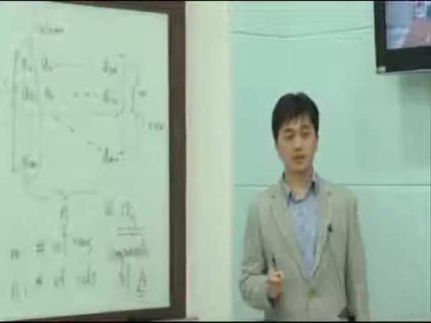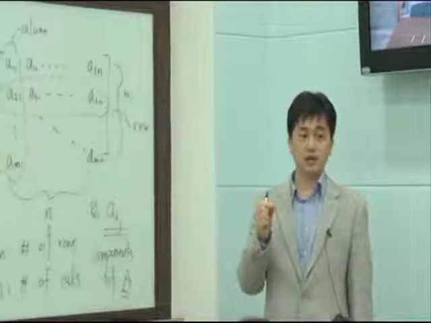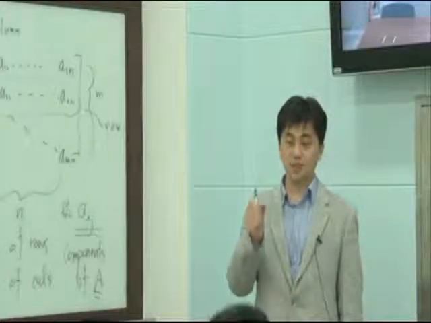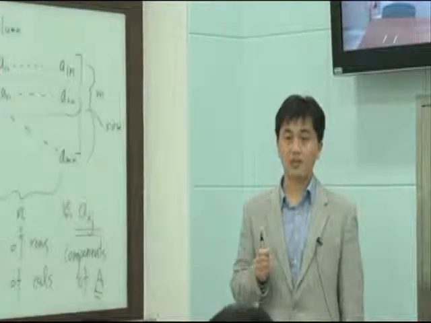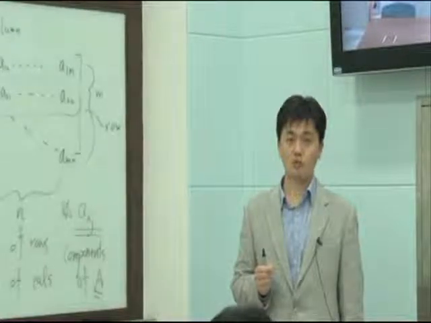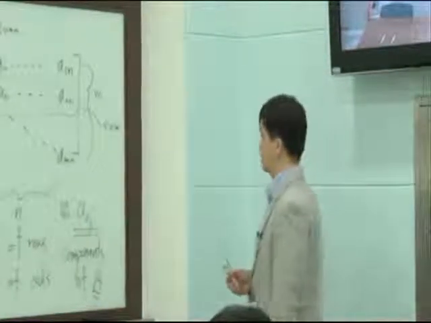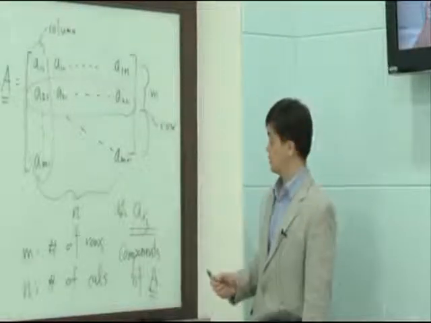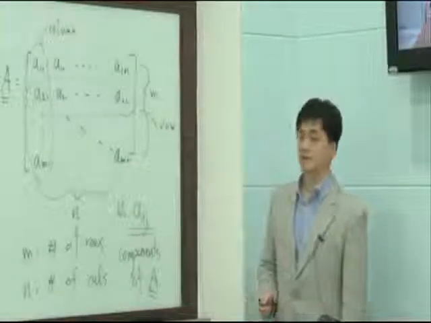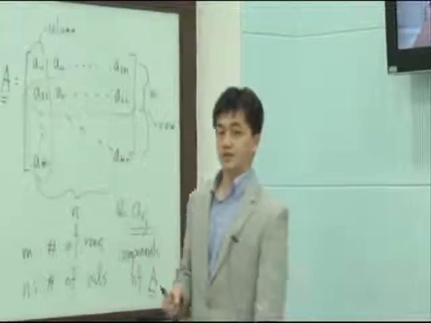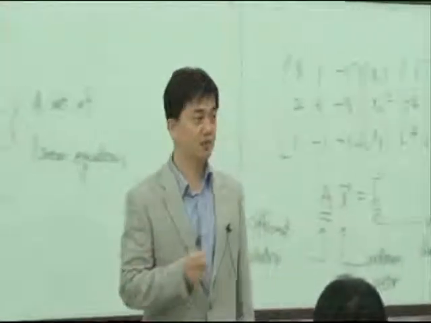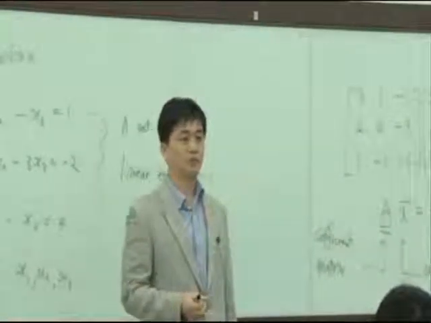So you remember the vector has components, right? V1, V2, V3. Matrix also has components. i and j are indices. Basically, matrix and vector have the same form.